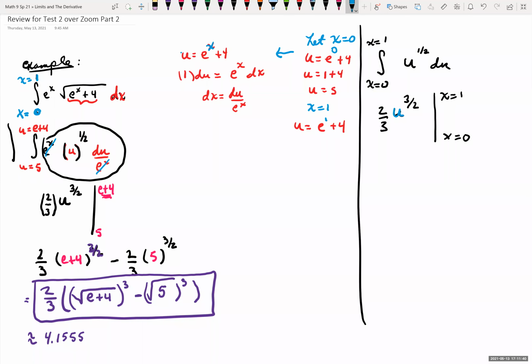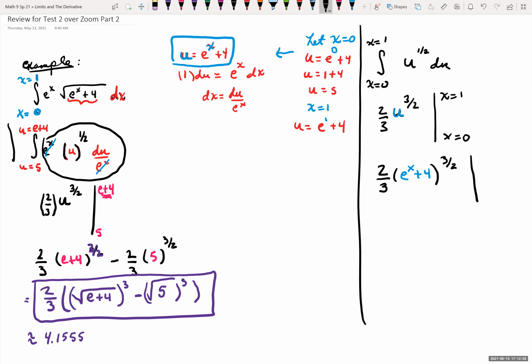So what we want to do is go back in and substitute in what we had chosen u to be here. And so now we can rewrite this as 2/3, and u is this e to the x plus 4, all raised to the 3/2 power.